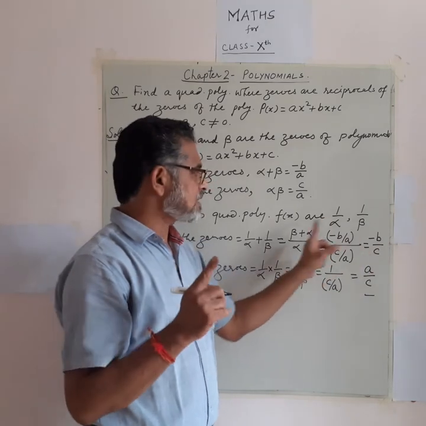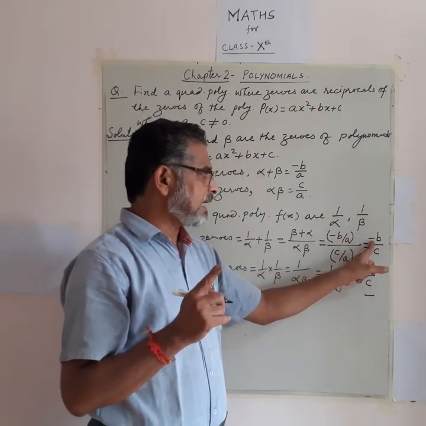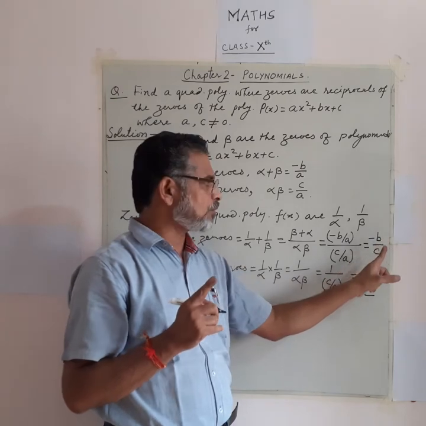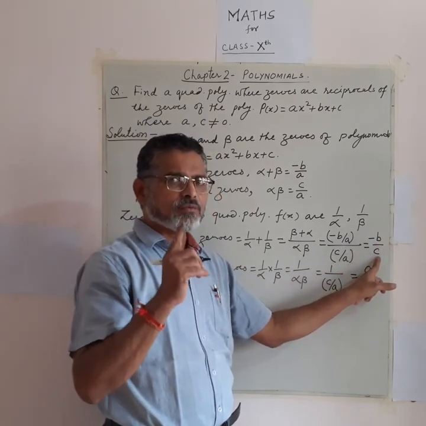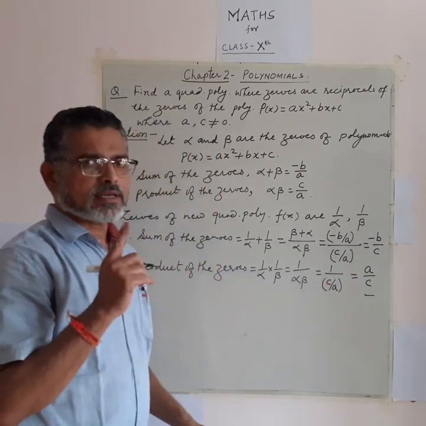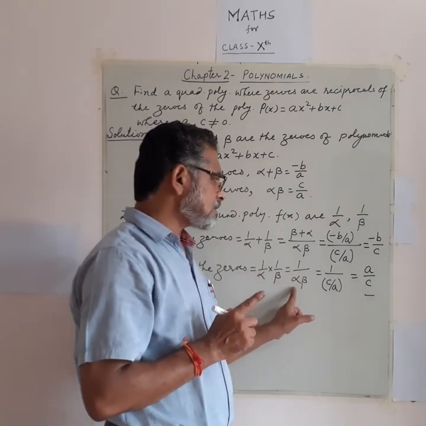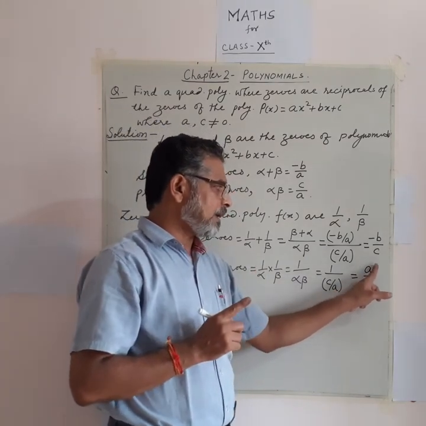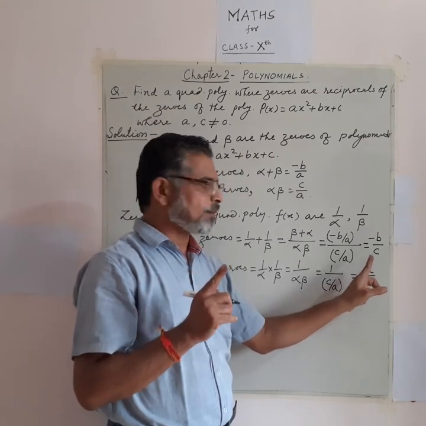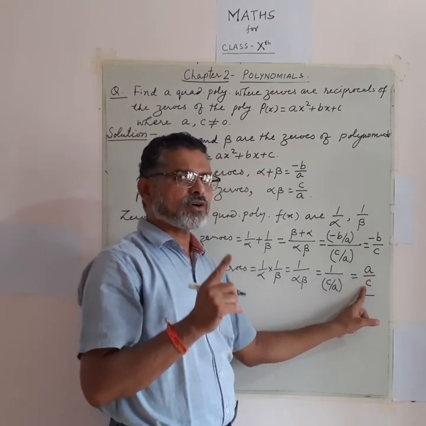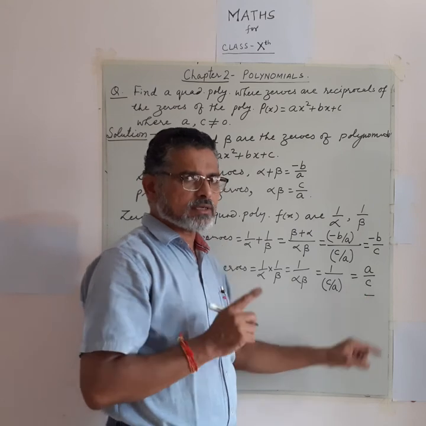Remember that, because the sum of zeros is minus of coefficient of x upon coefficient of x square, and the product of zeros, a upon c, is the constant term upon coefficient of x square.